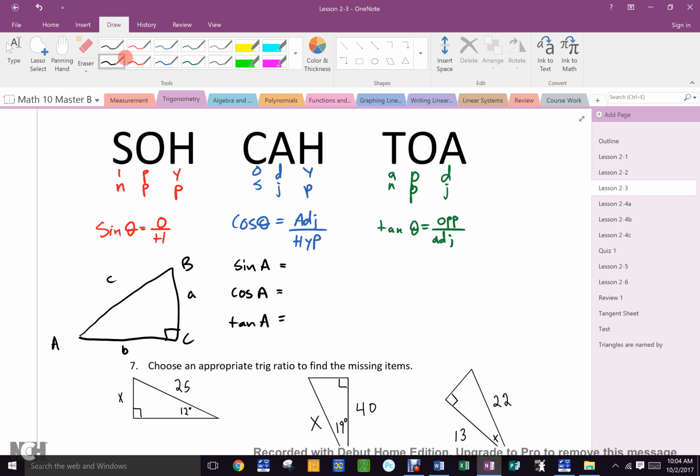Go. Then, of course, when that's done, I want you to do the same thing with the sine of B, the cos of B, and the tan of B. And then you're going to notice something.